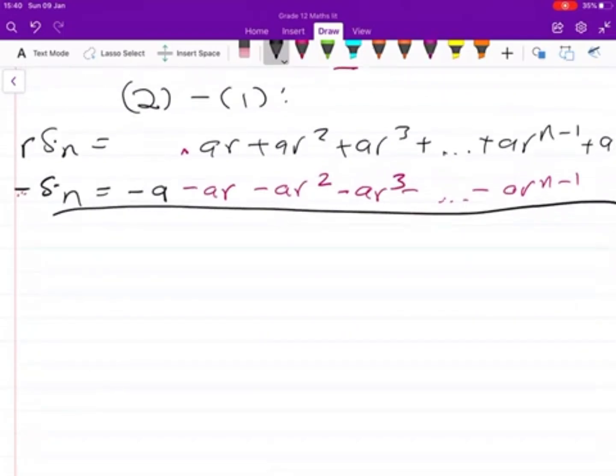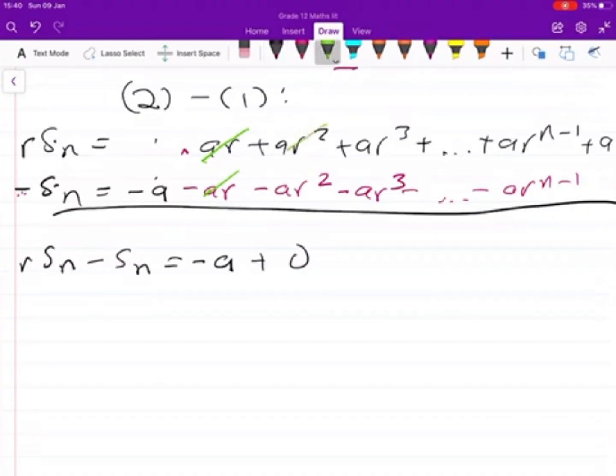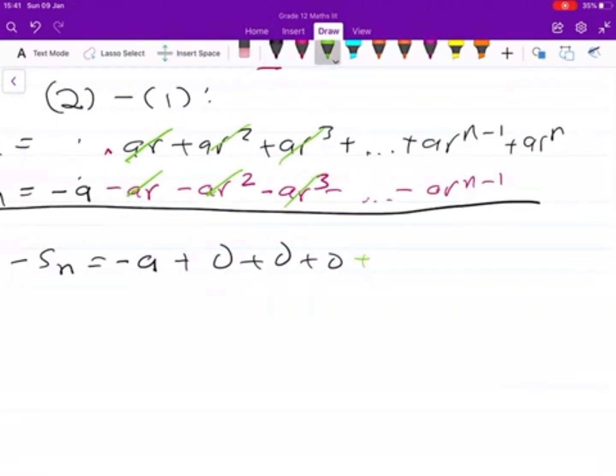All right. Then add this and this. You're having RSn minus Sn. This and this just gives us negative A. Notice what happens: here and here we just get 0. Here and here we just get 0. And so this will continue until we get here.